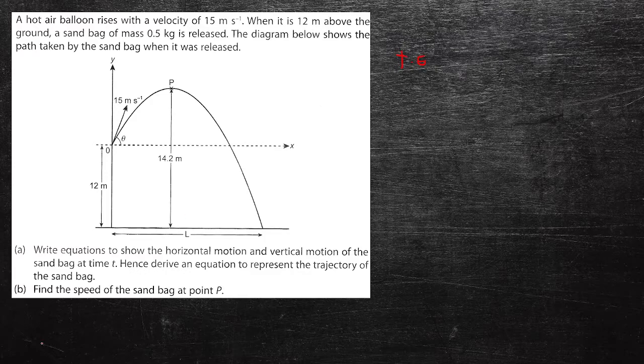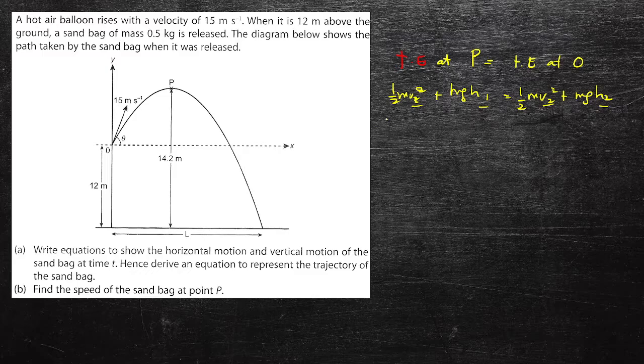Total energy at P is equal to total energy at O. Okay, so half m v squared, v1, plus potential energy m g h1, equals 1/2 m v squared plus m g h2. So this is 2, this is 1.